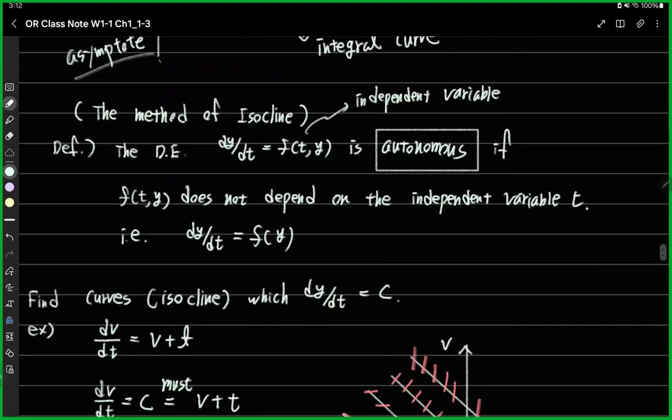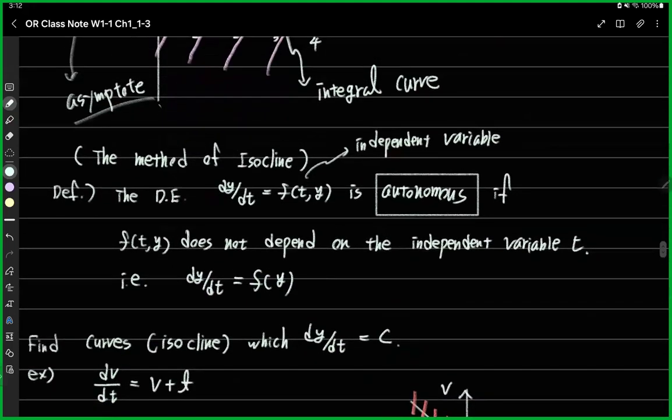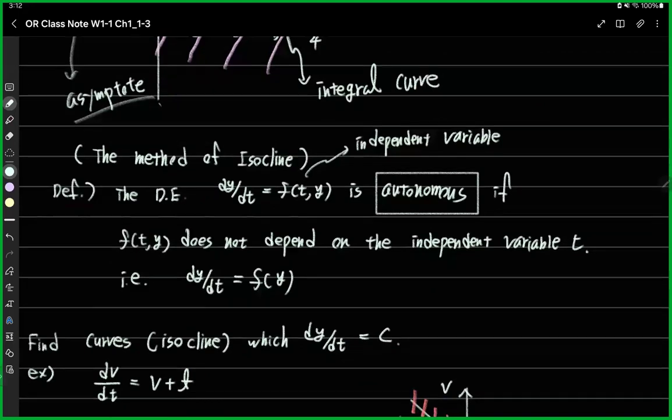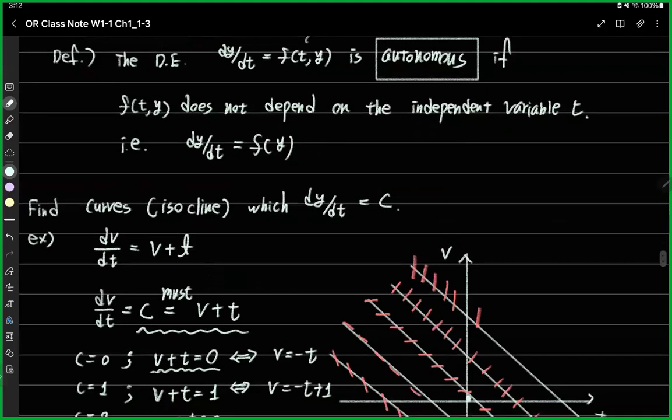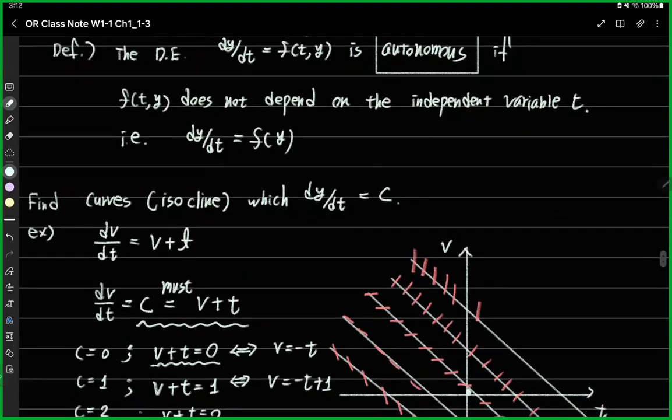So now, let's move on to the method of isocline. So what does that mean? An isocline is a curve or just a straight line along which dy/dt is constant.